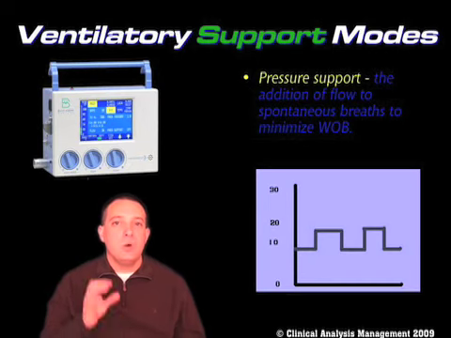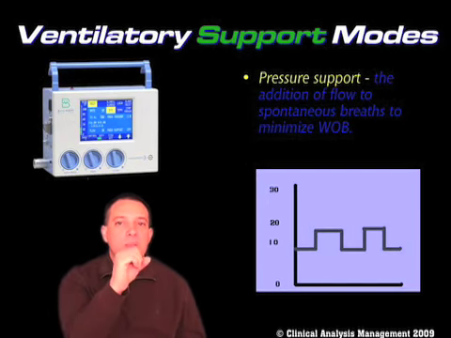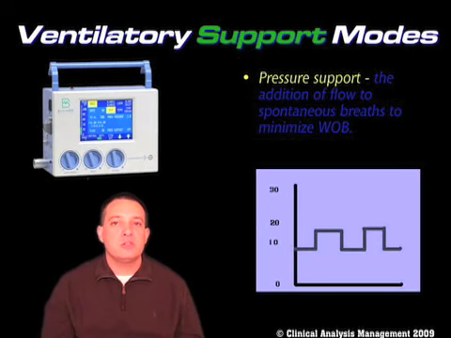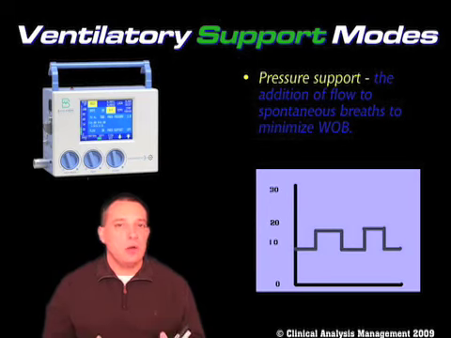Because otherwise, you almost always will get bucking of the vent. When they want to take their breaths that are outside the little window, they're trying to breathe through this stupid ET tube, and it's really hard for them to do. If we give them a little bit of pressure support to overcome the resistance of that ET tube, lo and behold, it is much, much easier for that patient to breathe.